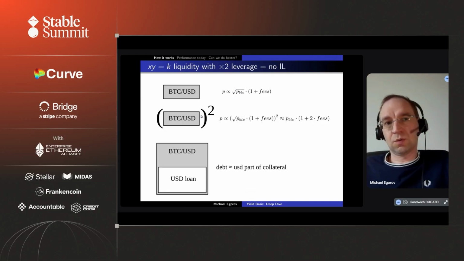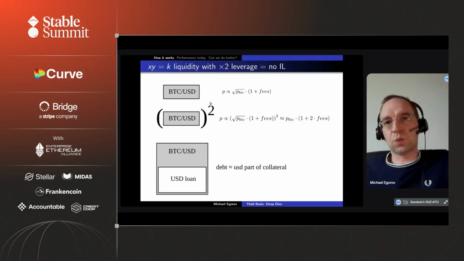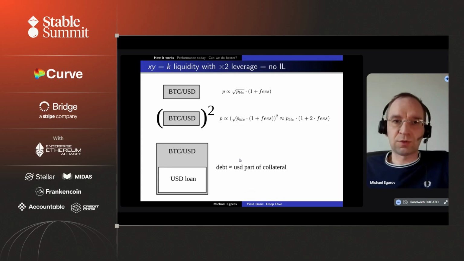And to do that, you need essentially to construct some position which makes a square of your price of your liquidity. And question is how to construct it. Apparently you can. We have all the tools. The simplest way would be to essentially borrow against your liquidity, and you have size of the loan equal to half of the size of your liquidity.